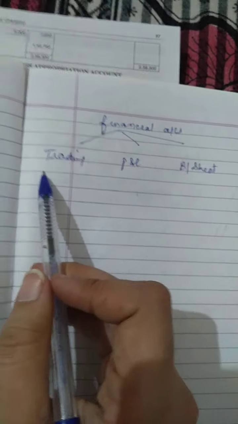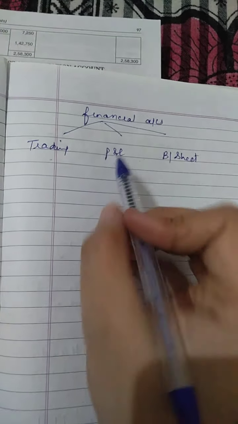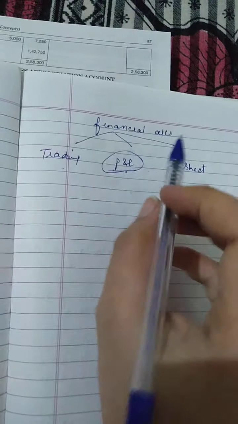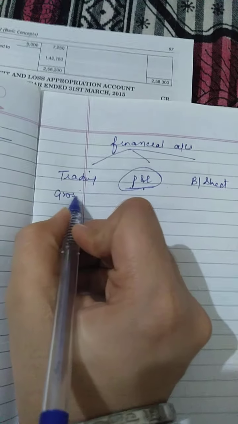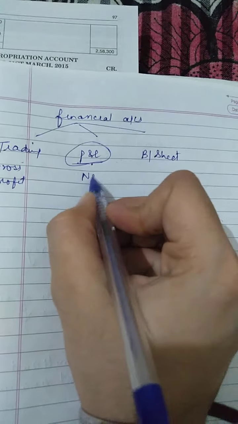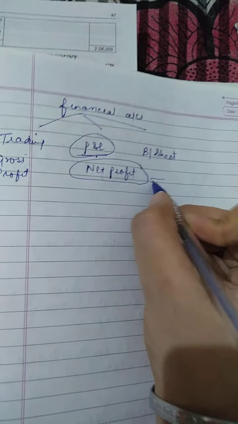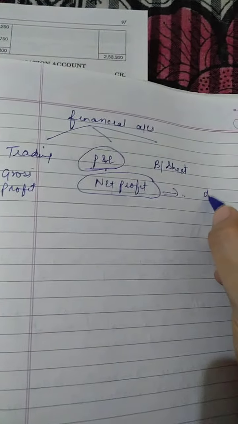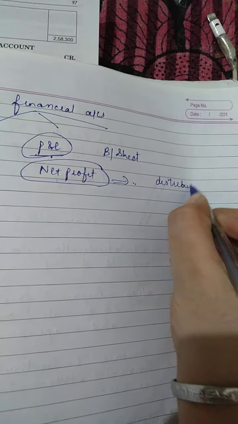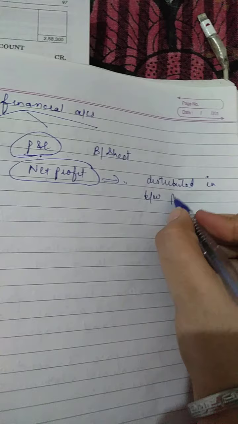It is assumed that in partnership also we prepare trading account, P&L, and balance sheet. From trading we get gross profit, and from P&L we get net profit. The net profit that we have got is going to be distributed between the partners in a partnership firm.